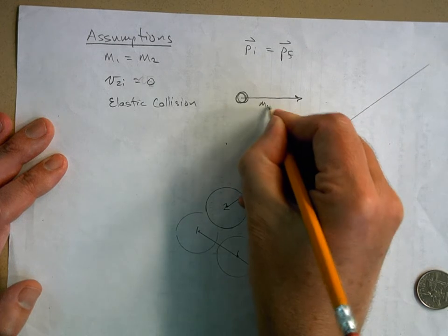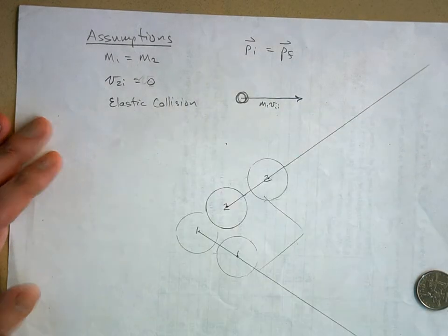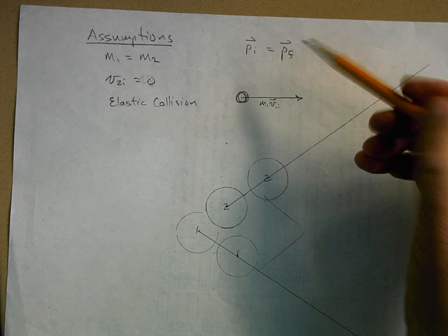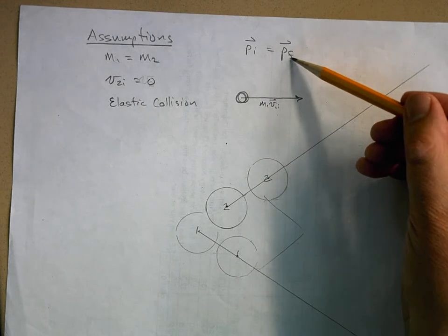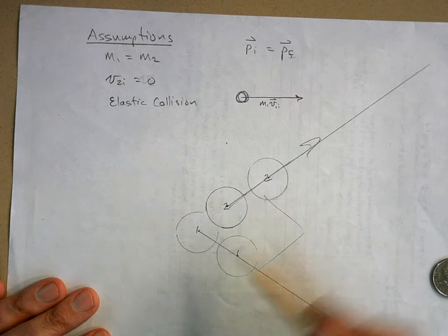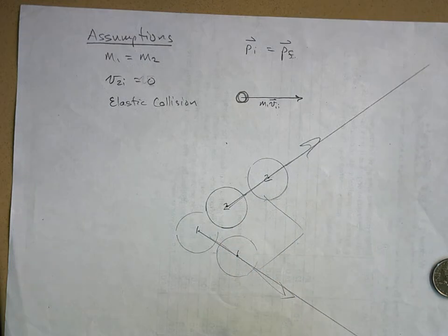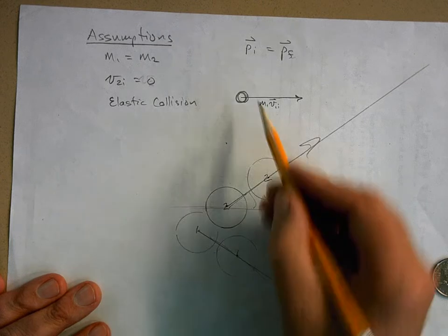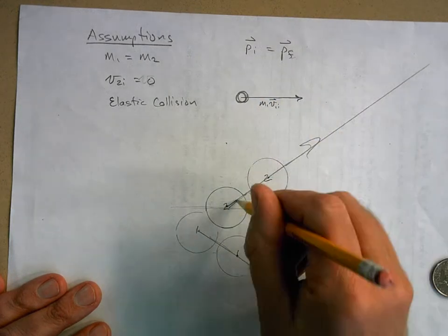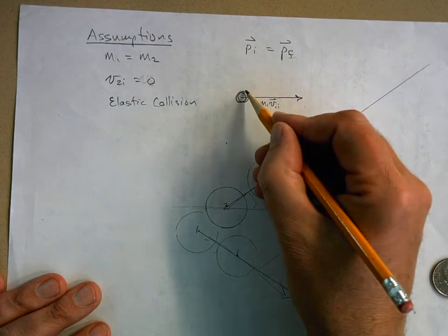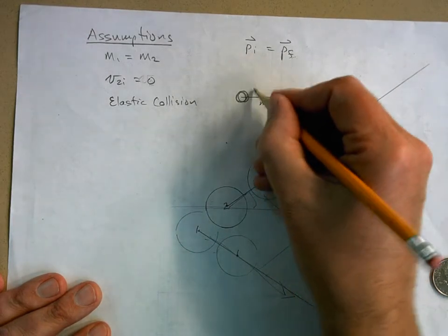M1 V1 initial. Now, what was V final? What is P final? What's the final momentum? Well, you have this momentum and you have this momentum, and this came off at a certain angle. If I add these two momenta together, I should get this. So here was object 2's momentum after the collision.